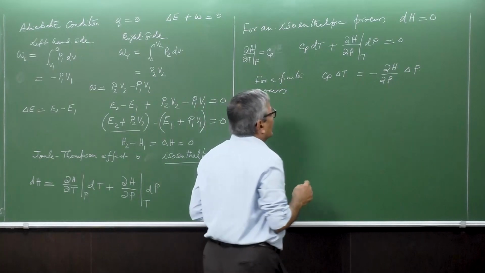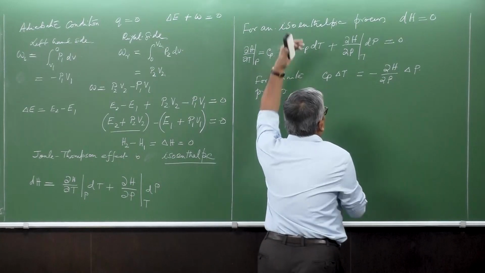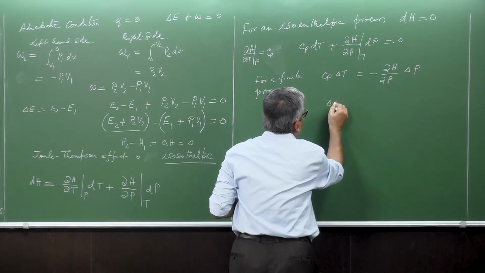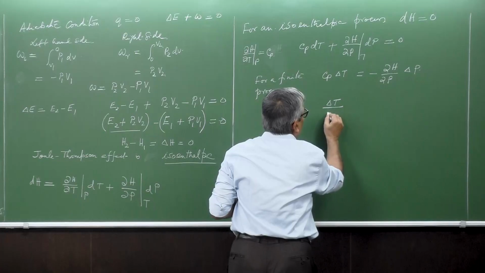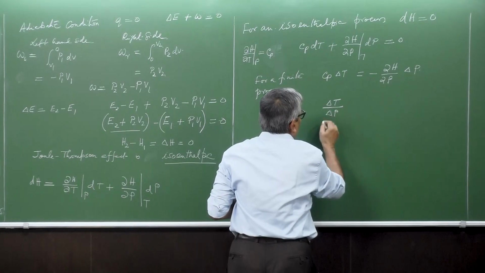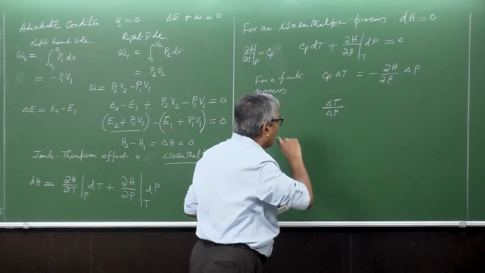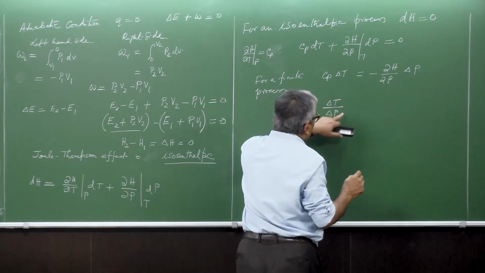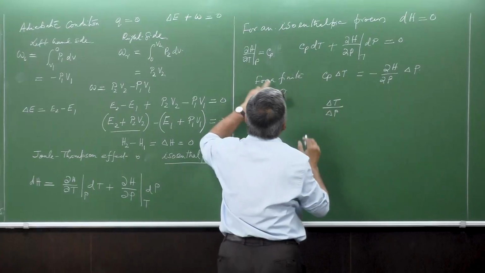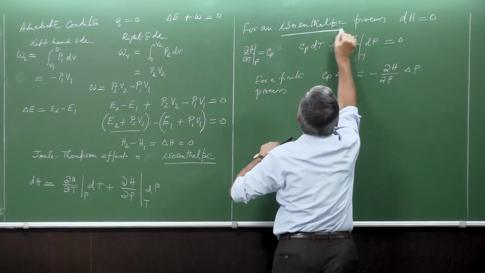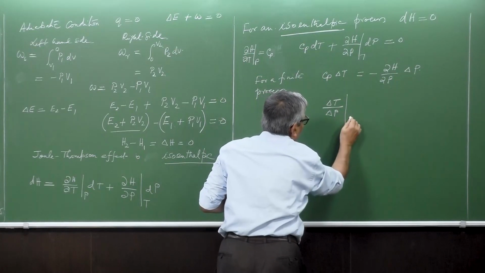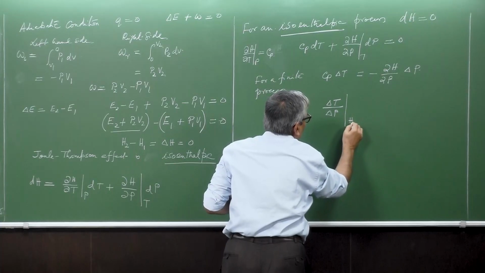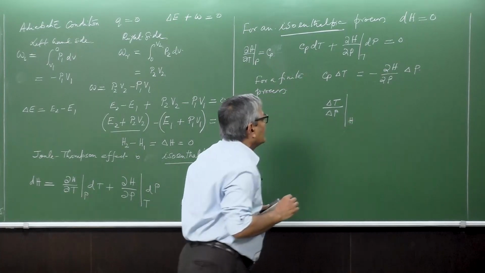Now I can write delta T. Delta P is a quantity, and this quantity is coming up here because of this isoenthalpic condition. So I put here H equal to constant, at constant H, that has to be carried out.